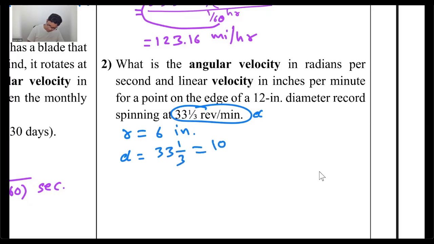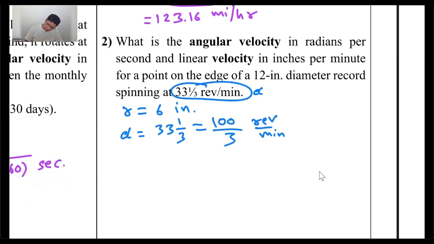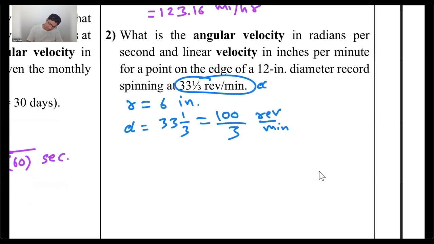That's alpha. This is 33 and 1/3, that is 100 divided by 3, convert it to a proper fraction, revolutions per minute. And what do we want? First, we want it in radians per second. Angular velocity in radians per second.